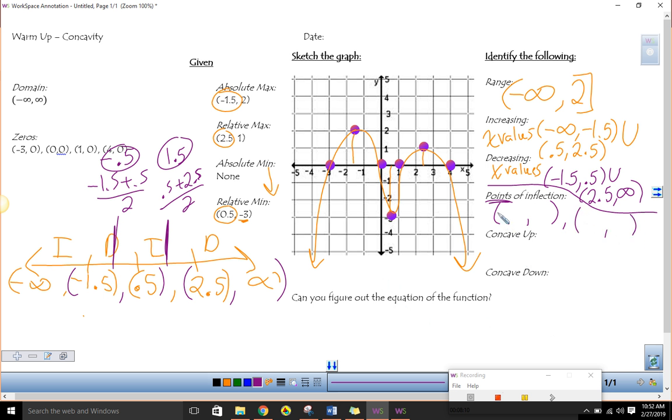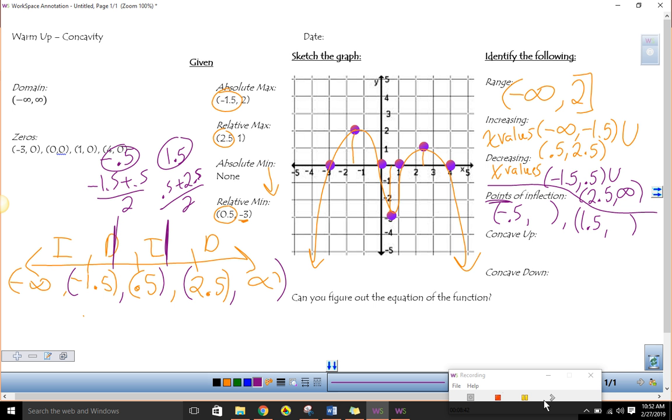So if I know that I have negative 0.5 and I have 1.5, when you have a calculator and I give you an actual equation, you should be able to plug in the x value and get the y value, right? But here I didn't give you the equation, so the best you can do is guesstimate it.